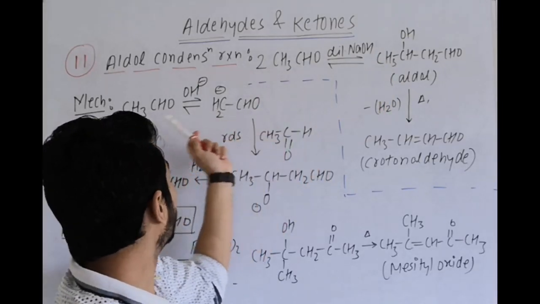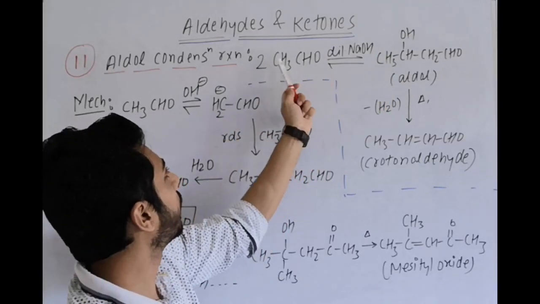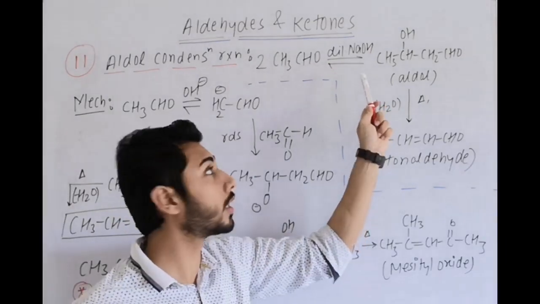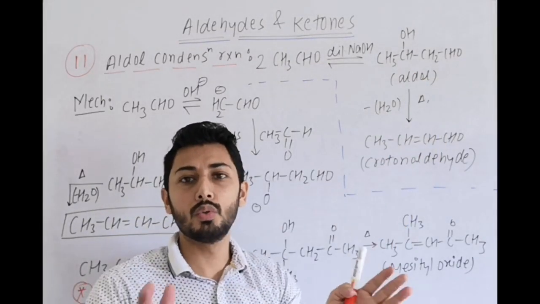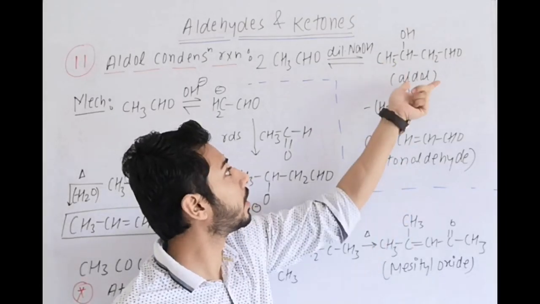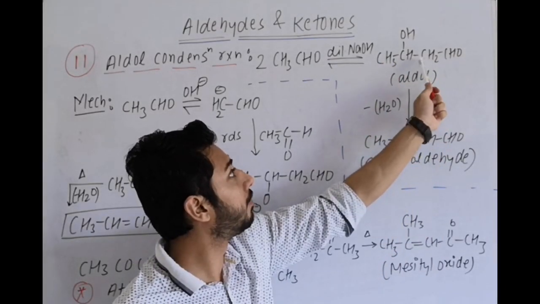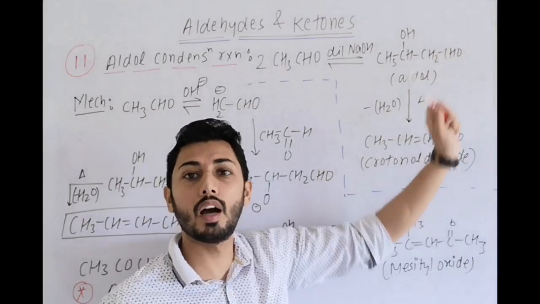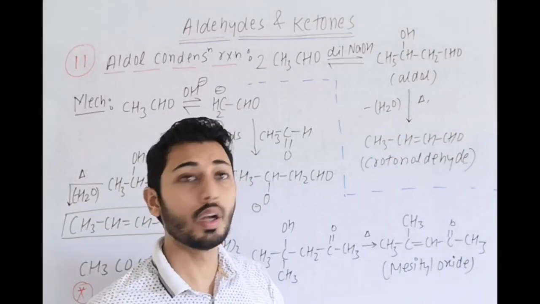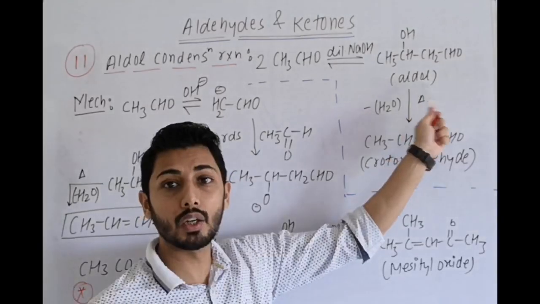How to remember it? 2 moles of aldehyde are taken, these two molecules combine and give a product which is a beta hydroxy aldehyde or beta hydroxy carbonyl compound, which is termed the aldol product.